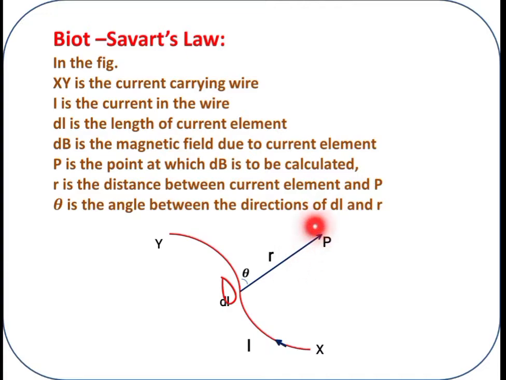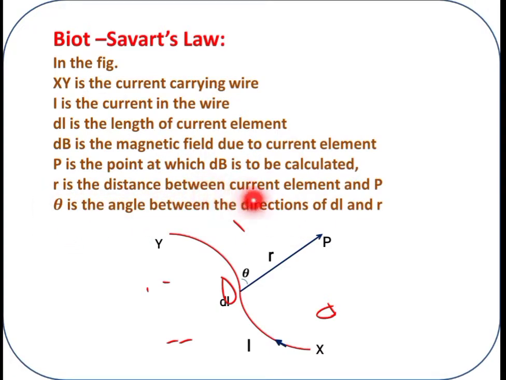We can consider the point P anywhere in this magnetic field, here or here, or somewhere in this area, because we know that the surrounded area is a magnetic field. I hope you understood this.